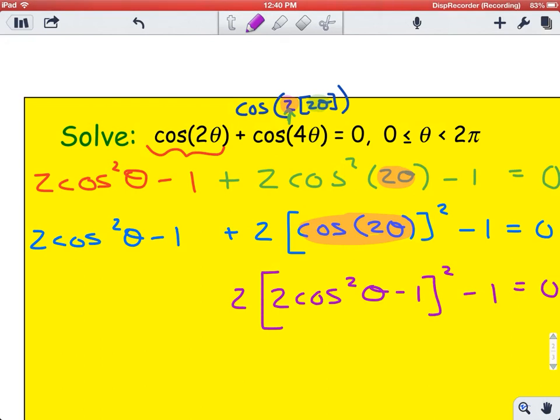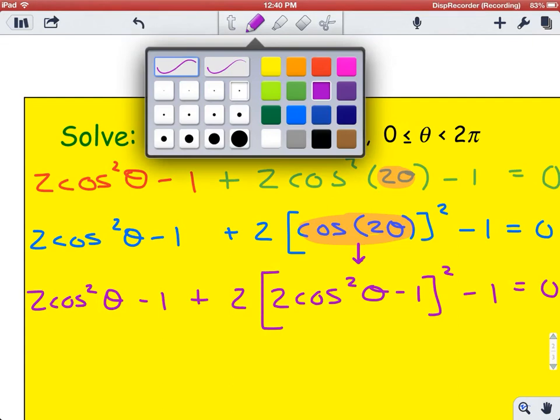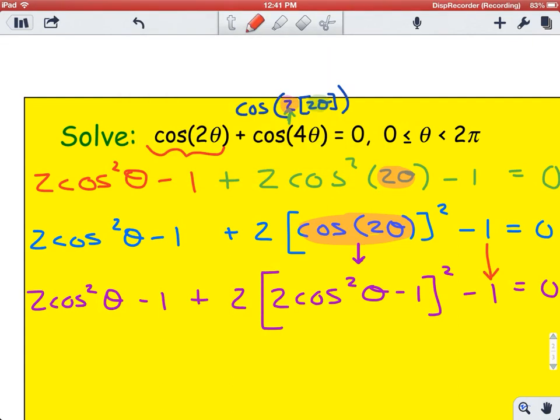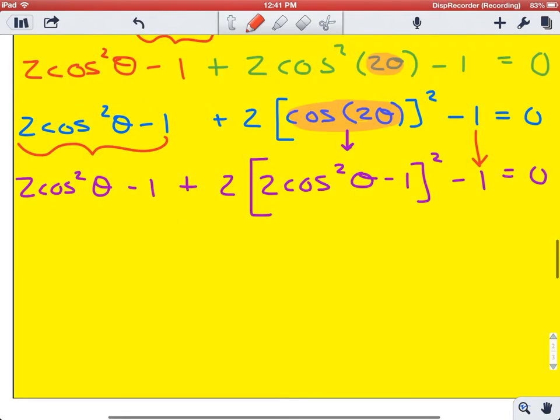So take a look at what I did. Everything that was here highlighted is now inside the bracket. If you just follow the bracket, you can see that was the only substitution that I made there, the only identity that I used, and then I'm just recopying everything. And so this final minus 1 on the end was there, and then of course this was just recopied down there. All right, so now I'm actually going to square.